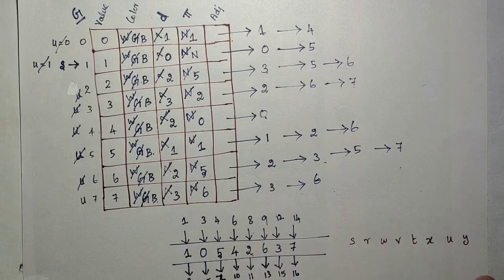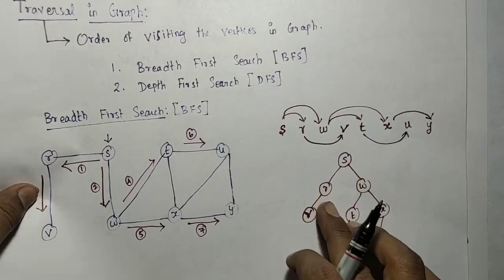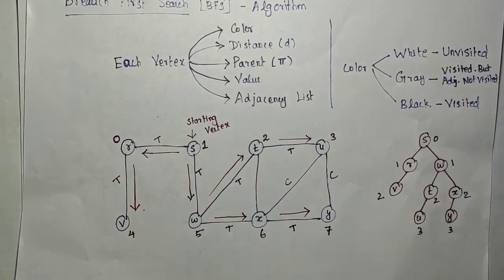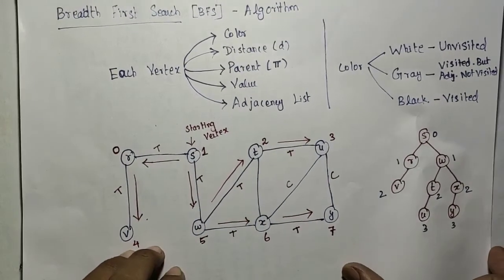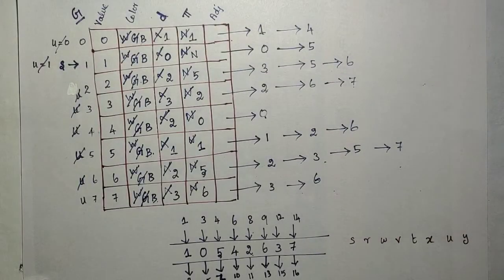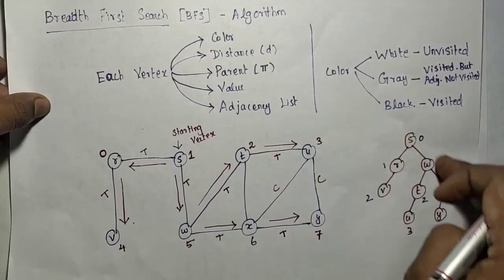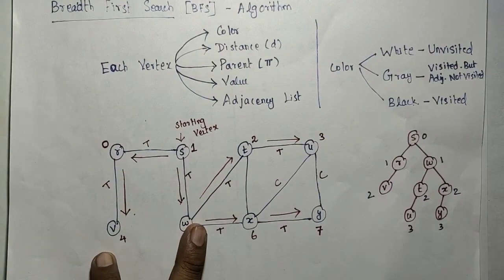So don't worry about the final order. You should get the final tree like this. You need to identify the tree edges and the cross edges, and find the shortest distance, that's all. This order need not be written; finally we only draw this tree, with the tree edges and cross edges.